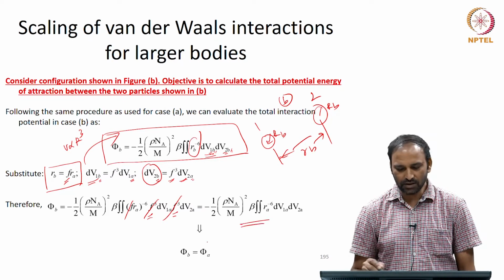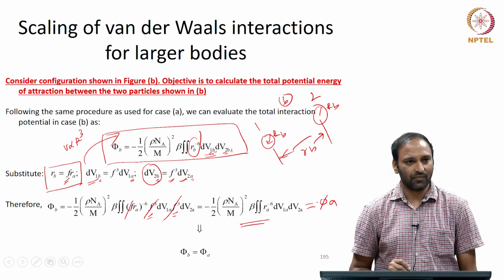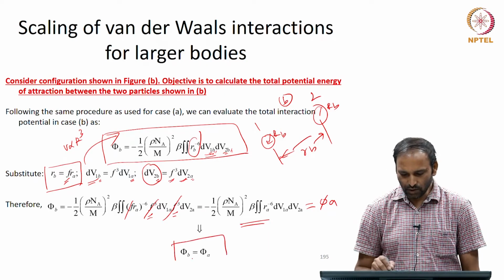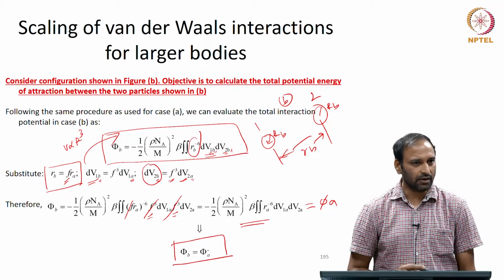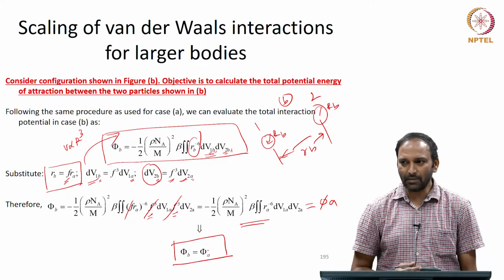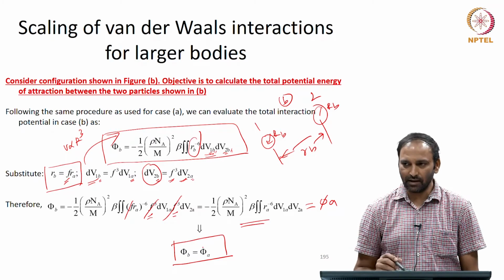What you end up with is whatever you had for phi A. Therefore, this tells you that the Van der Waals force of interaction in case B is the same as the Van der Waals force of attraction in case A.